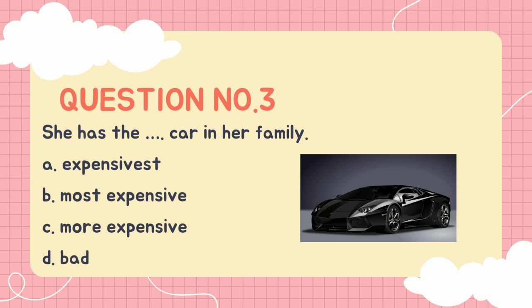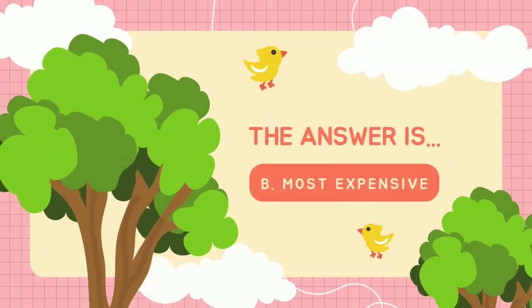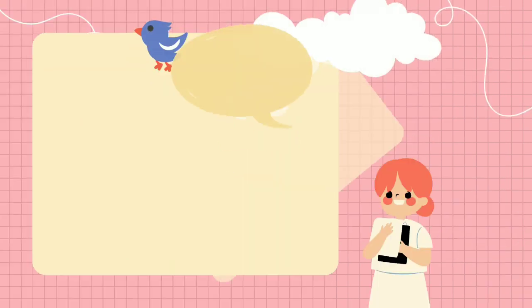A. Expensivest. B. Most expensive. C. More expensive. D. Bad. The answer is most expensive. She has the most expensive car in her family.